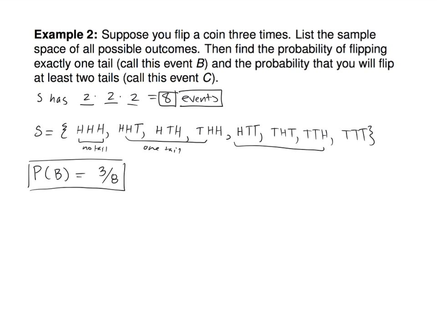Okay. P of C, so at least 2 tails. At least 2 tails means what? 2 is the smallest, so that means 2 or more. Does that make sense? 2 or 3.